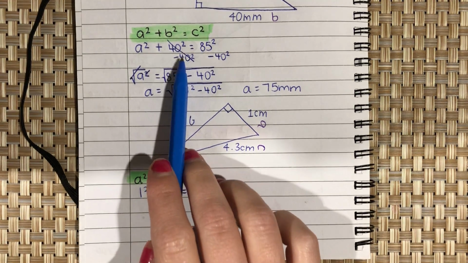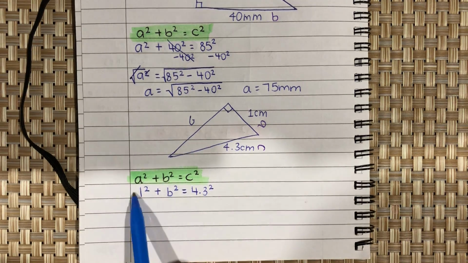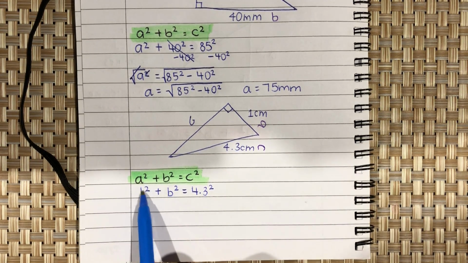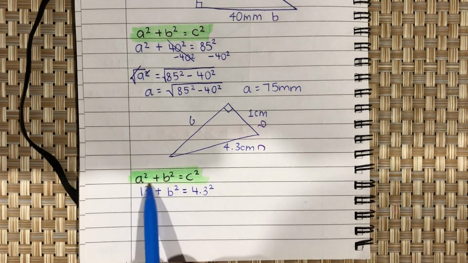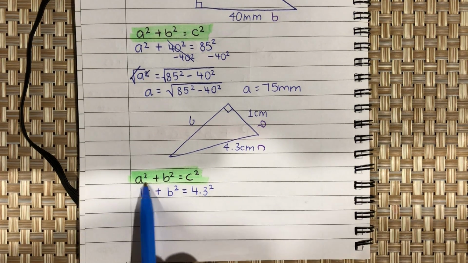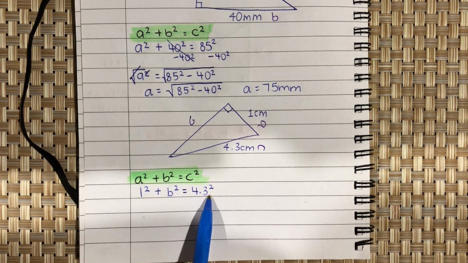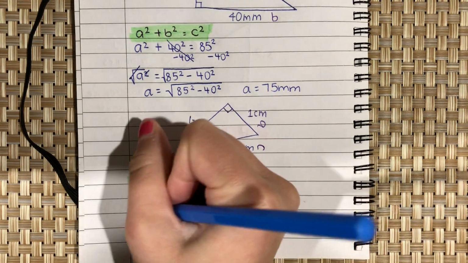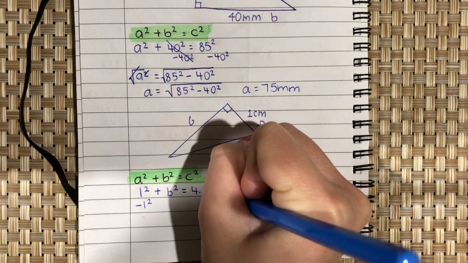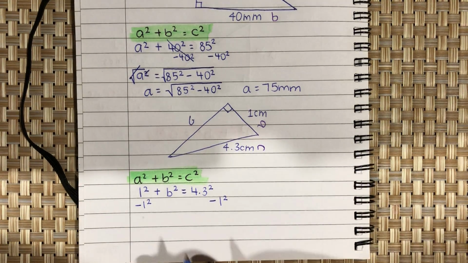What did we do in our previous example? Here, this is a positive 1 squared. What's the opposite of plus? Well, it's minus. So to get rid of this, we need to minus 1 squared from itself and on the other side of the equal sign. So minus 1 squared, minus 1 squared.